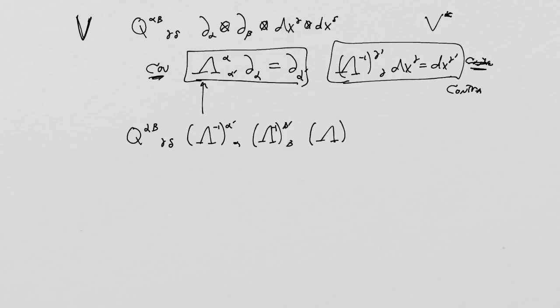So I have to do lambda, and it'll be gamma prime and lambda delta prime, like that. And this is going to equal q alpha prime, beta prime, gamma prime, delta prime in the prime system.